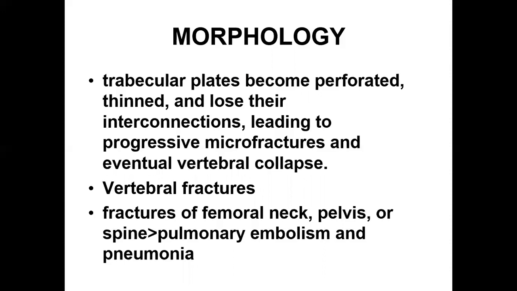You must note that osteoporosis affects mainly the weight-bearing bones, that is vertebrae and then knee joints. Then there are vertebral fractures, fracture of the femoral neck, pelvis or spine, and these may lead to pulmonary embolism and pneumonia.